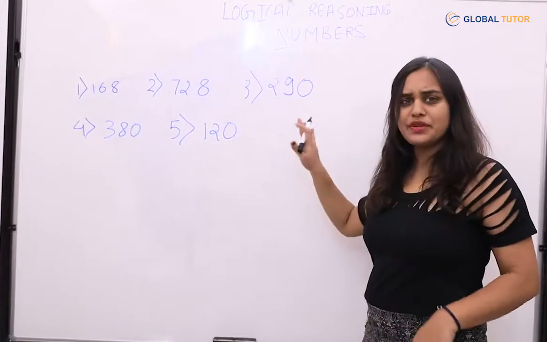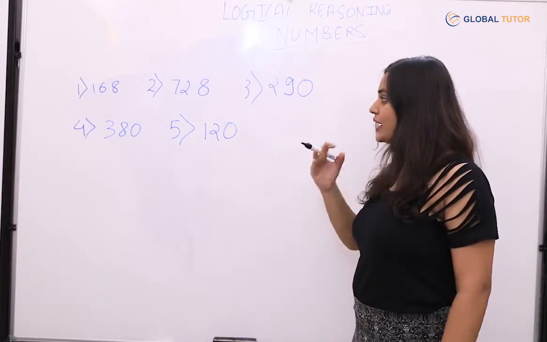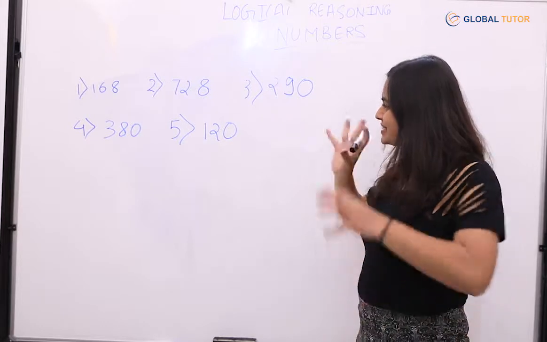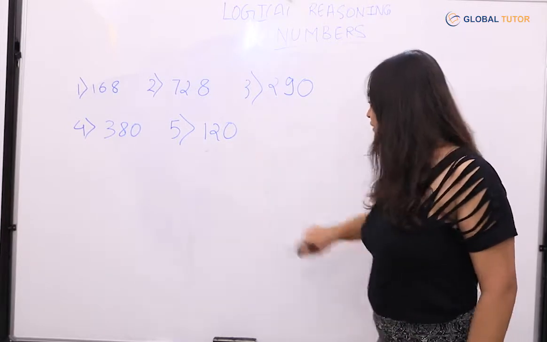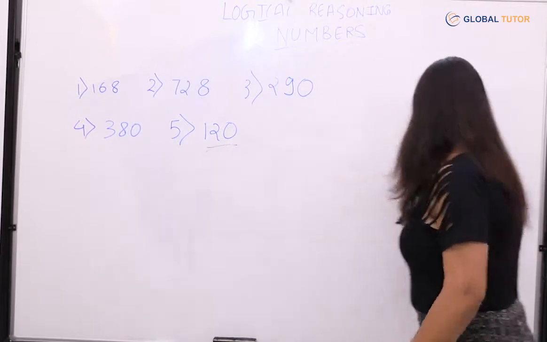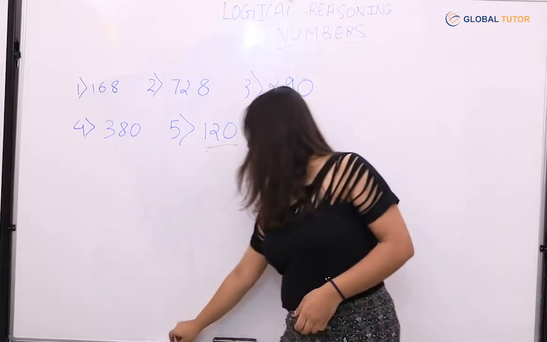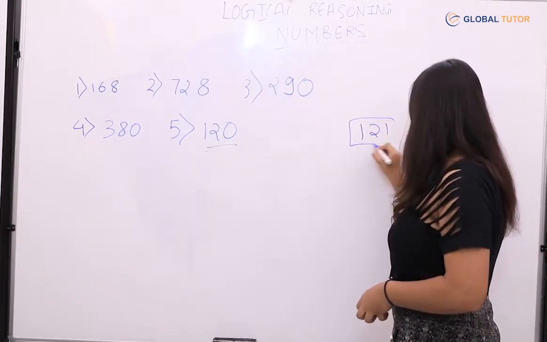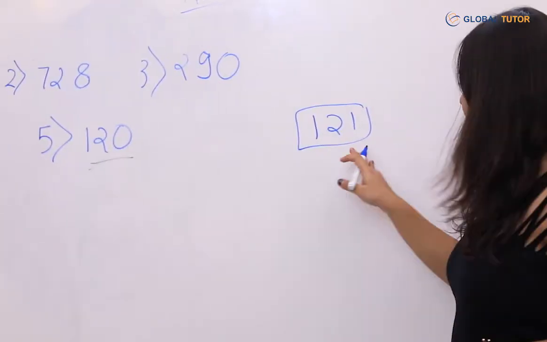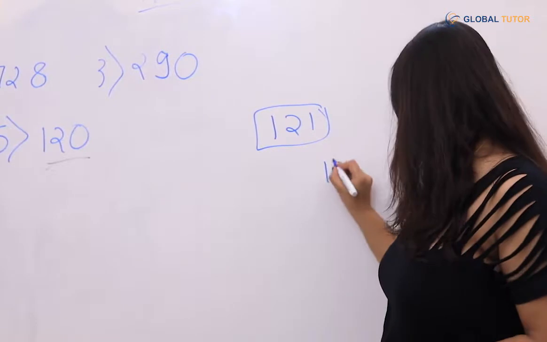We discussed in our previous problems that there are a few square numbers and some numbers that click, right? So when I look at 120, let's say 121 is what comes into my head, because if I talk about squares and cubes, this is what would come into my head, because it's 11 square.